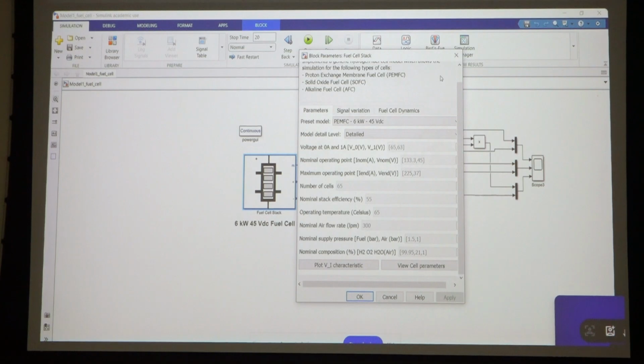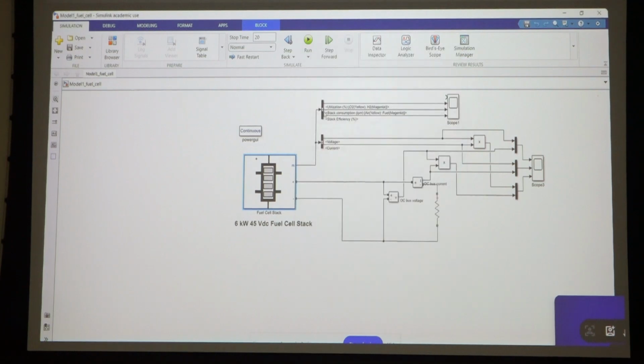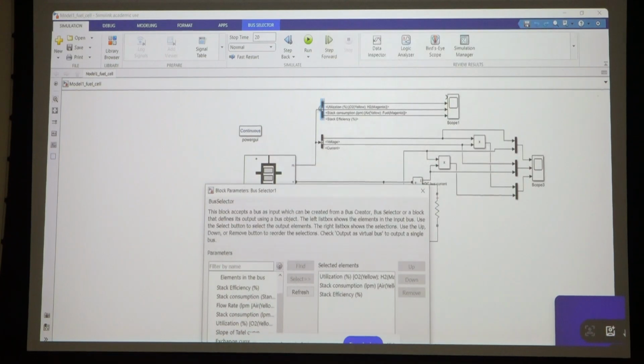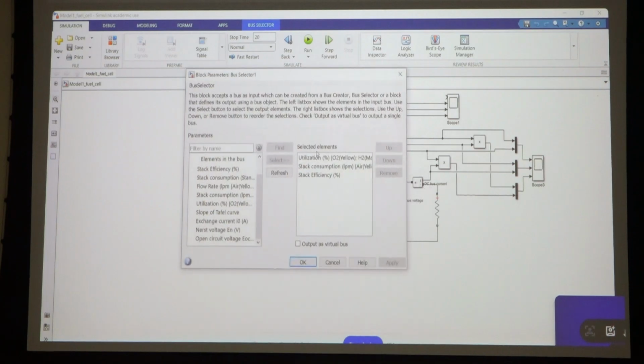By default you can observe this kind of parameters: voltage, current, stack efficiency. So I am now using this bus selector, I am only observing these three parameters: utilizations, stack consumption, that means liter per minute, and stack efficiency.